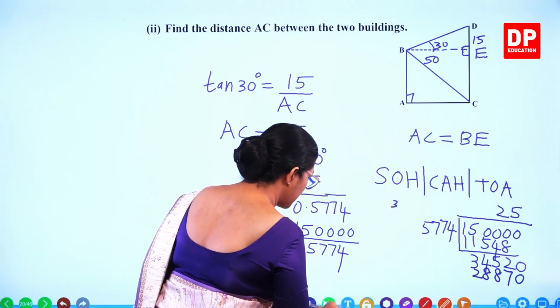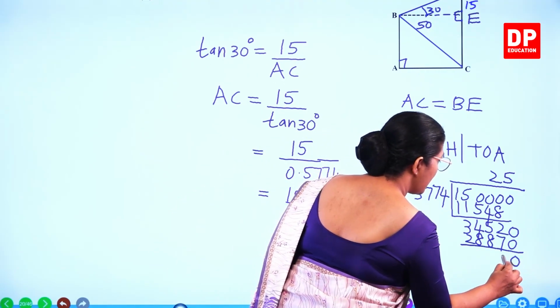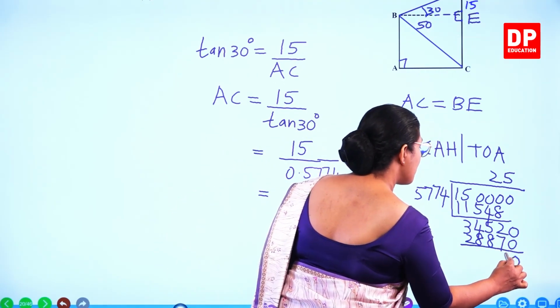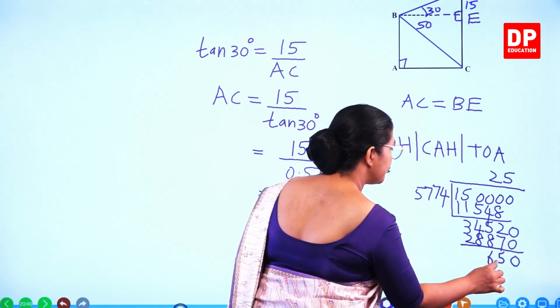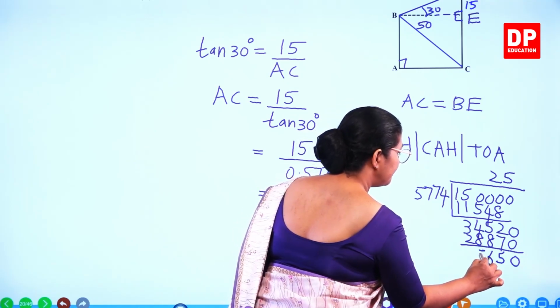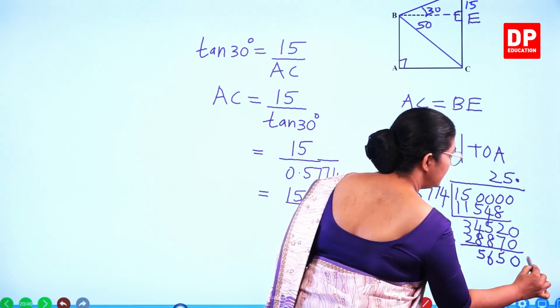Now we'll subtract. You get 5, 6, 5. And here you can take another 0.